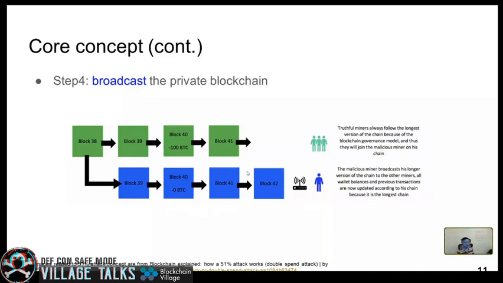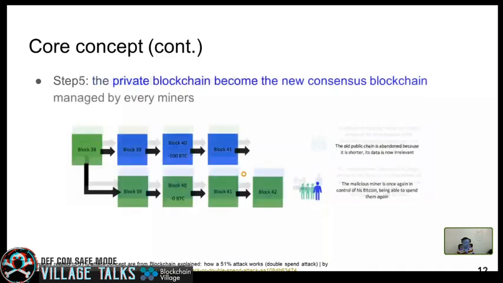And that's what will happen. The private blockchain that you built becomes the new consensus blockchain managed by everyone, and this part of the original blockchain will be abandoned. So this is what's happening.